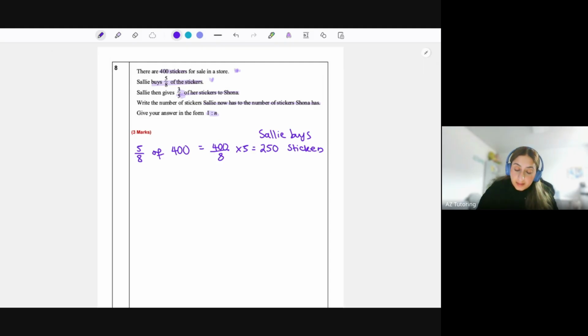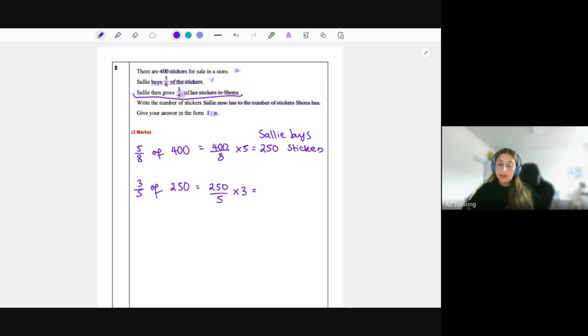It then says Sally gives 3/5 of her stickers to Shona. So 3/5 of the 250 stickers Sally has, she gives to Shona. That's 250 divided by 5 times 3. 250 divided by 5 is 50, and 50 times 3 is 150.